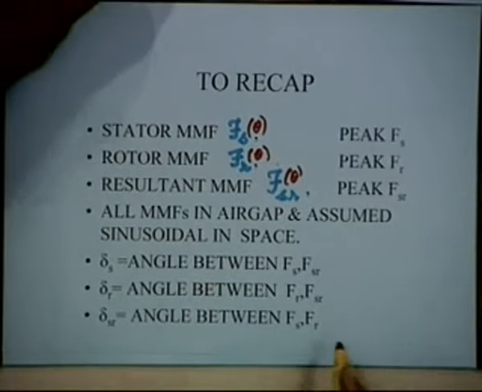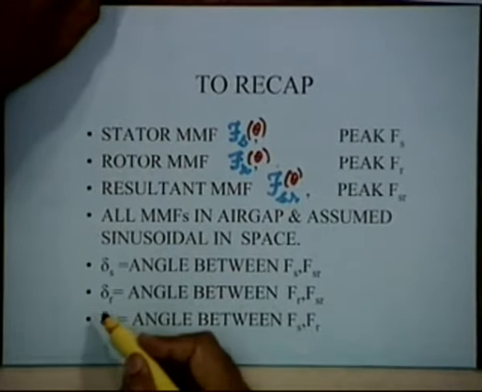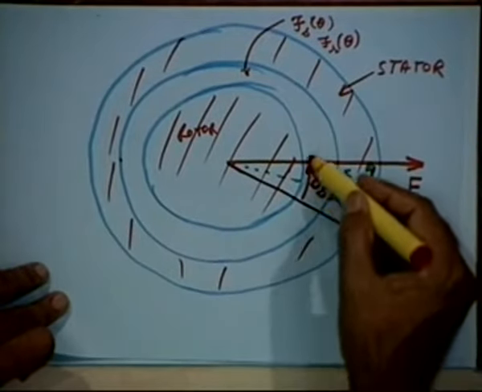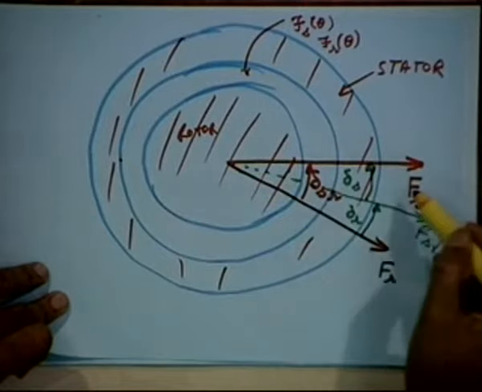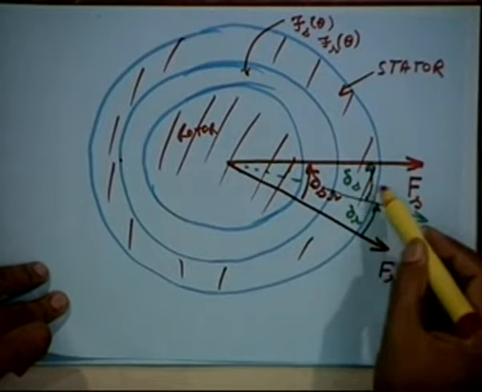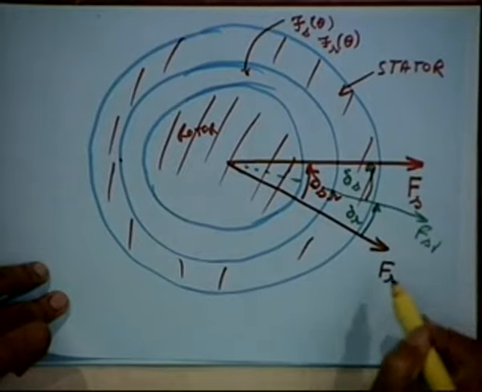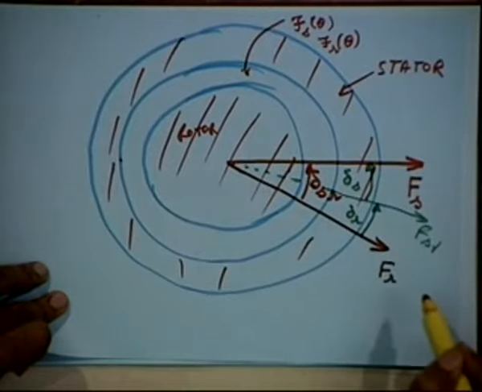So we have three MMFs where these angles are defined as indicated. That means we have FSR between Fs and Fr, delta SR between Fs and Fr, delta S between Fs and FSR, delta R between Fr and FSR. Okay, this we have already done earlier.